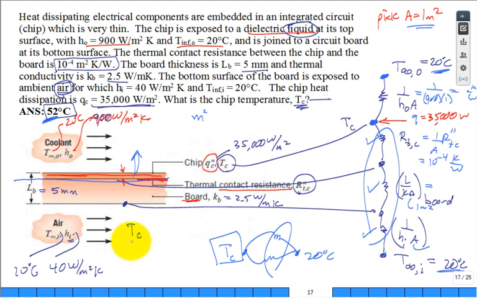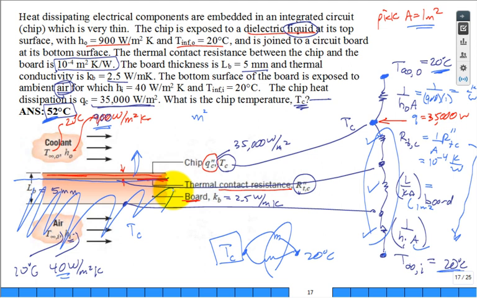It'll be a little higher than 52, but how much higher? Look, this is a very high convection coefficient, isn't it? This is a lot of resistance to get out to the bottom, and a low convection coefficient on the bottom anyway. So if somebody said, just neglect all this complication down here and give me an estimate of the chip temperature, I'd say let's take it only out the top.